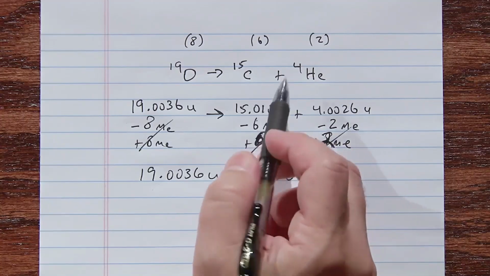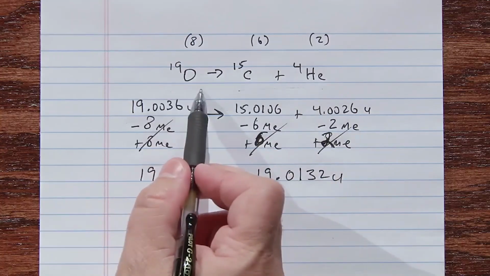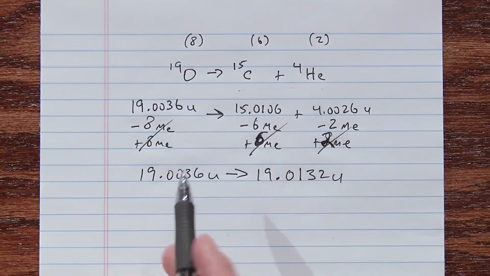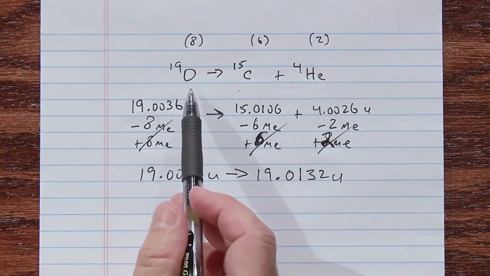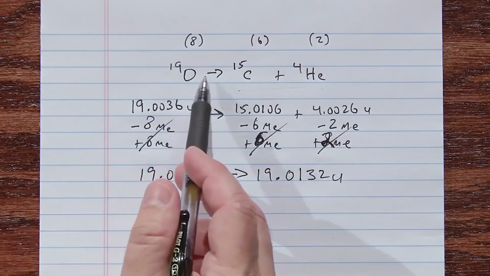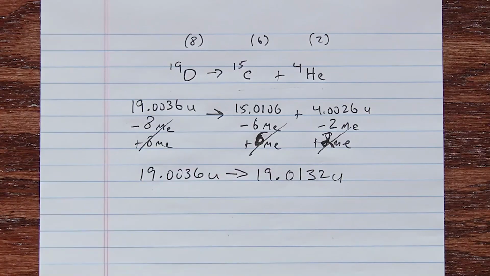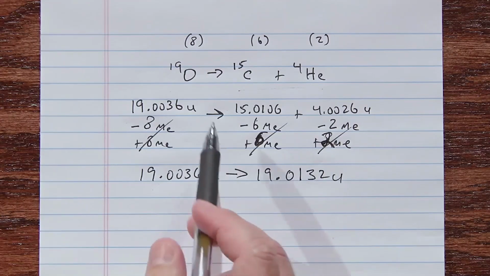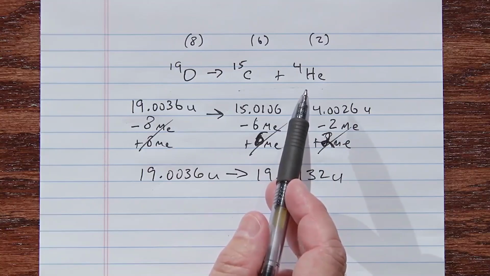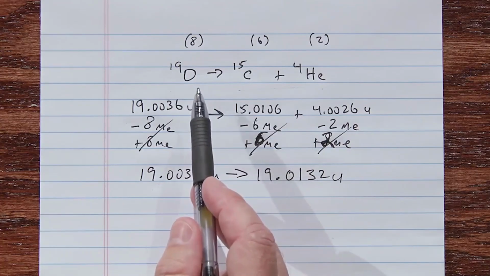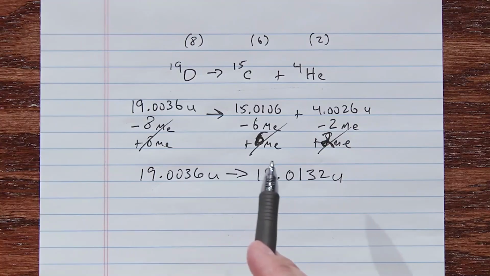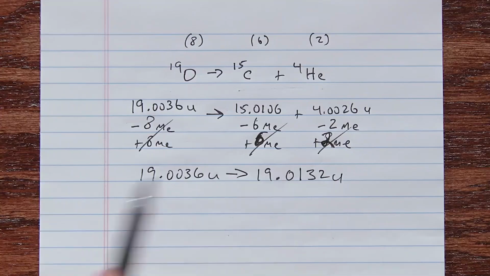So there's more mass over here than we had to begin with. That means in order to make this reaction happen, we would have to give energy to the oxygen to make up for the mass energy difference. Since this number is greater than this number, this reaction will not occur spontaneously. You have to add energy, or equivalently add mass, to this side in order to get it to go to this side. So this reaction does not happen spontaneously.